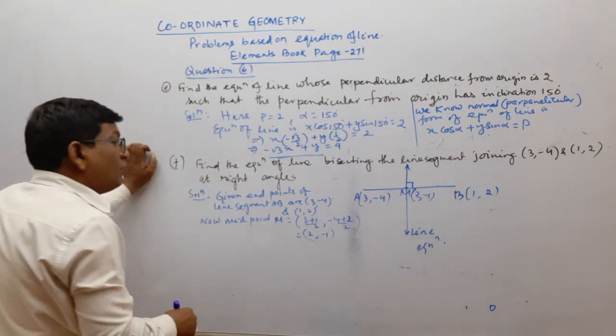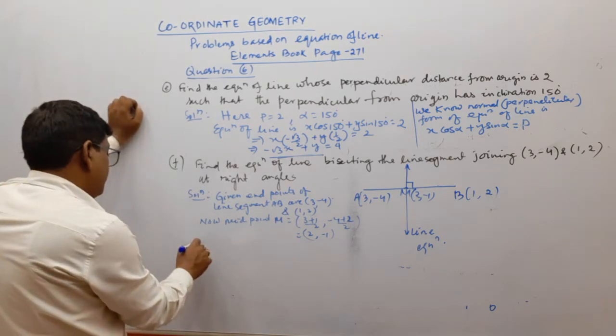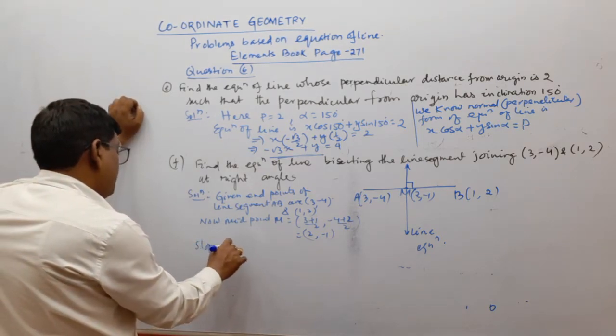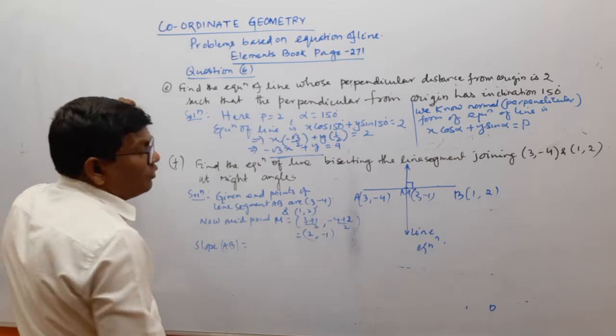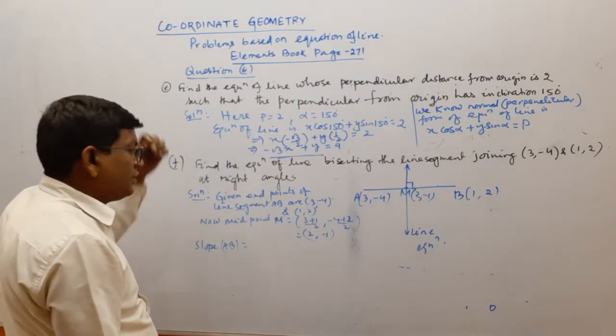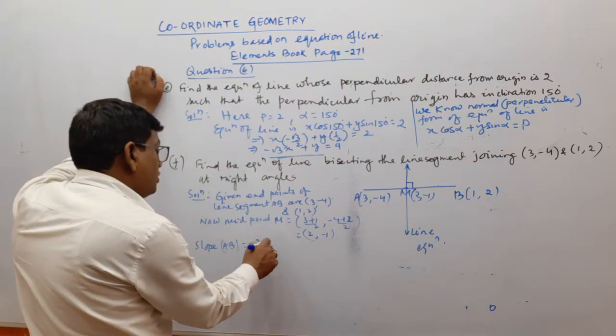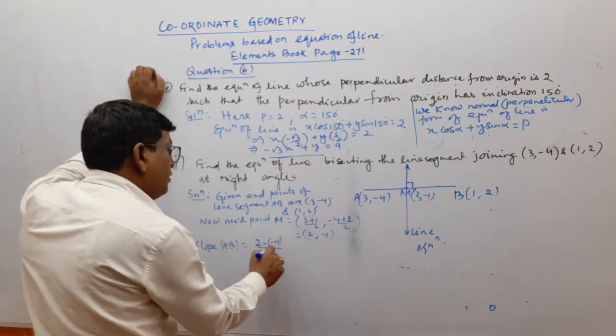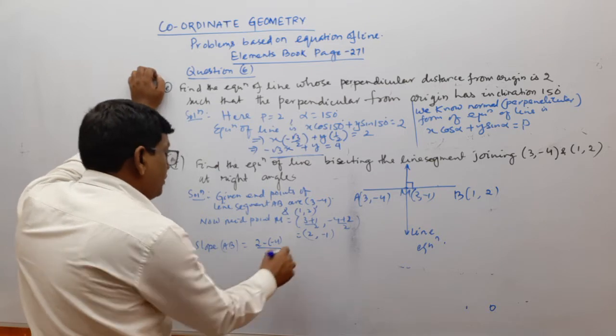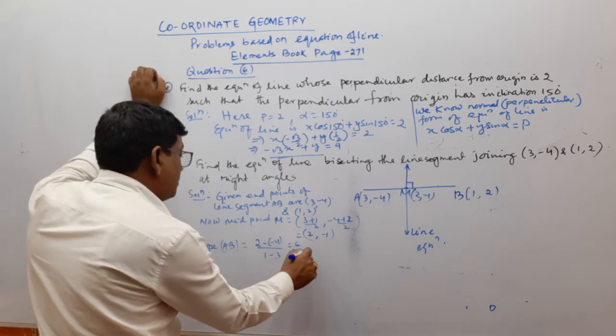Now, what is the slope of AB? Slope of AB is y2 minus y1, 2 minus of -4, divided by 1 minus 3. That is 6 by -2, that is -3.